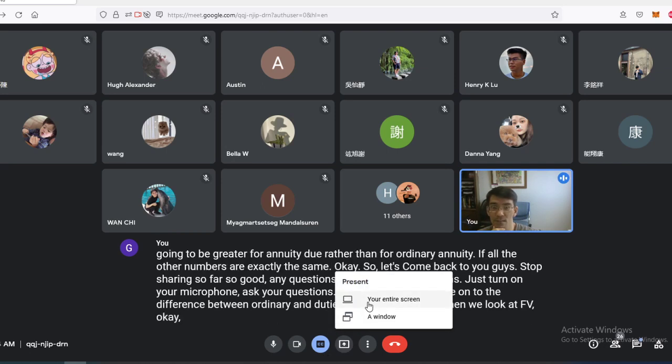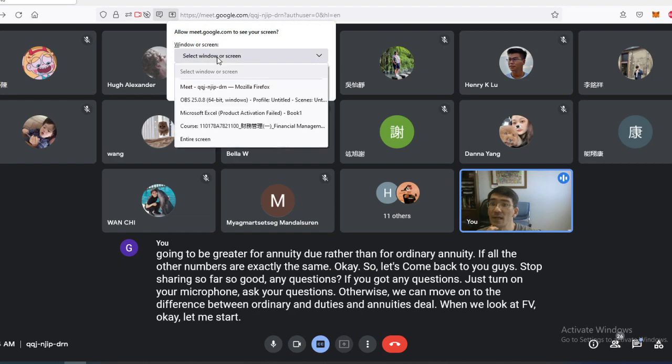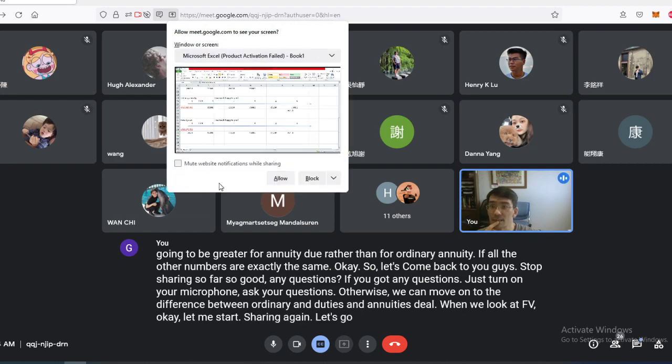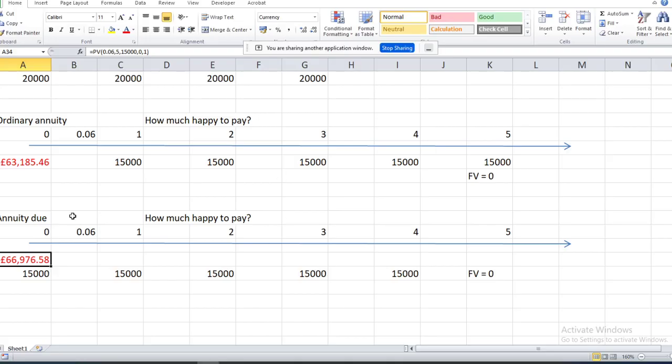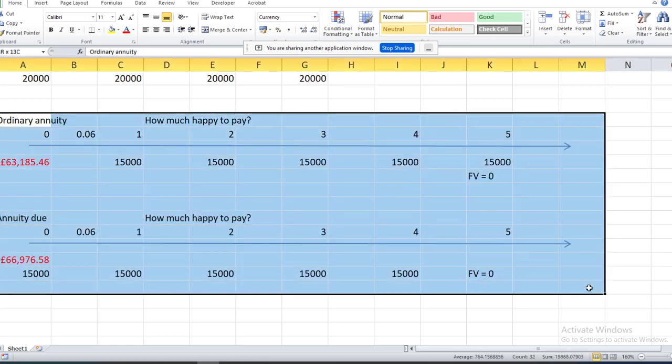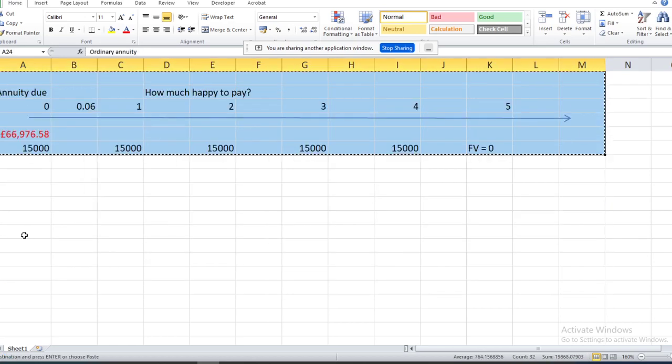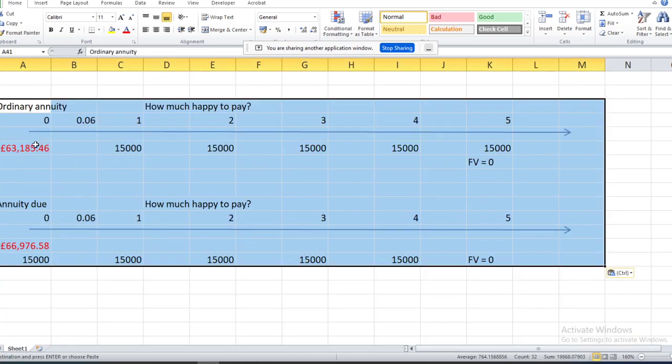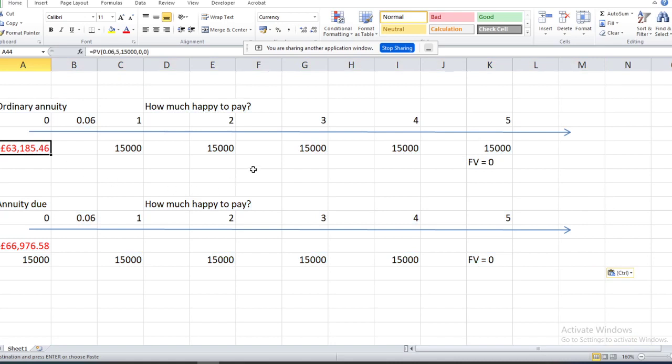Okay, let me start sharing again. Let's go back to that Excel file. Let's copy these again. Control C, Control V. And in this case, let's say we change it a little bit. Let's say you invest originally 50,000, okay?